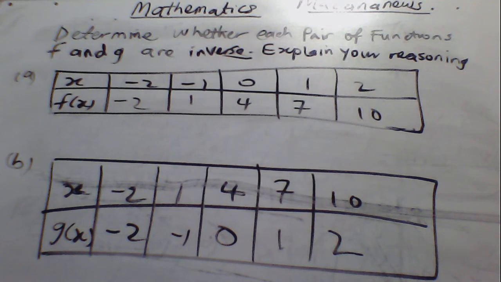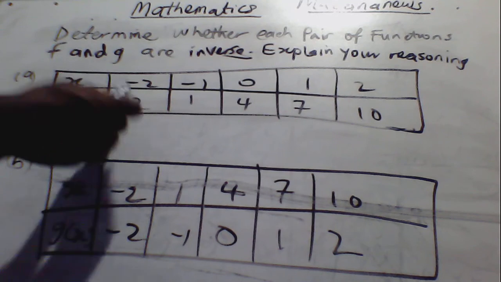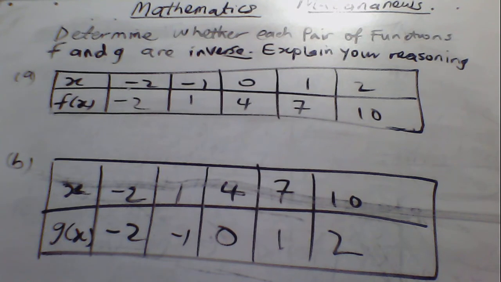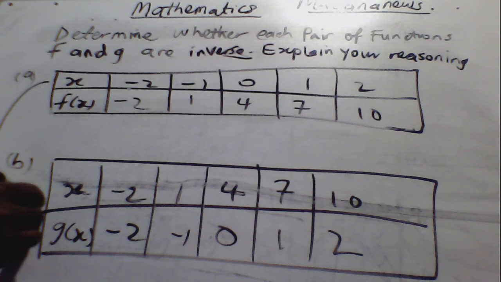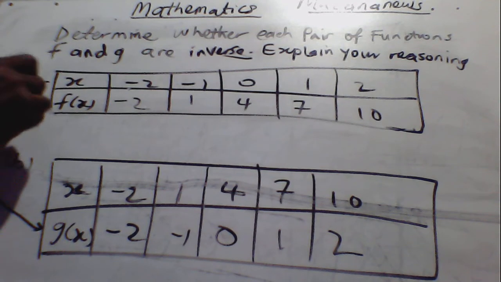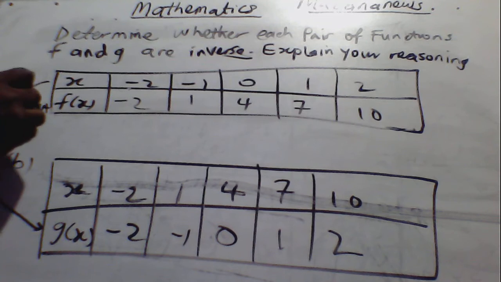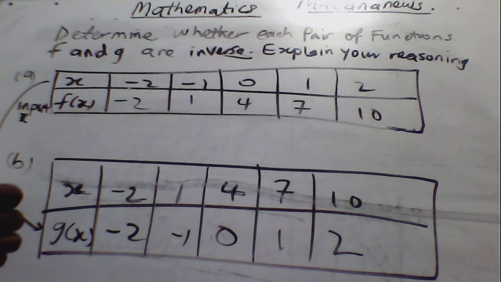So by merely looking at it, look at the first table. Each input of x equals each output of the second table. Input equals what? Output, g of x.